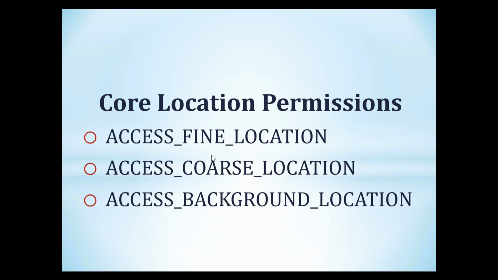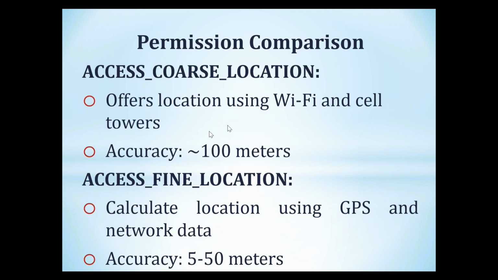So let's first of all understand the difference between fine location and coarse location. Coarse location offers location based on Wi-Fi and cell towers, and its accuracy is roughly 100 meters. That means that the location you are getting will occur in a buffer of 100 meters.